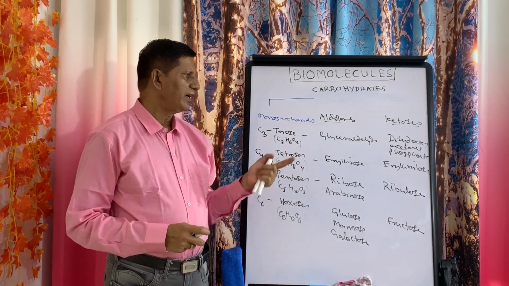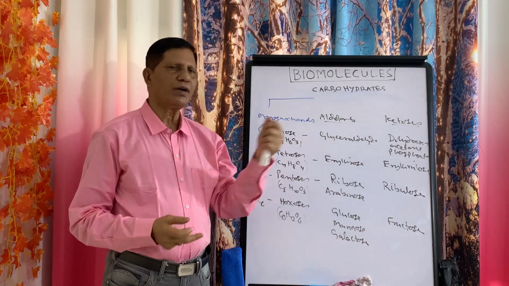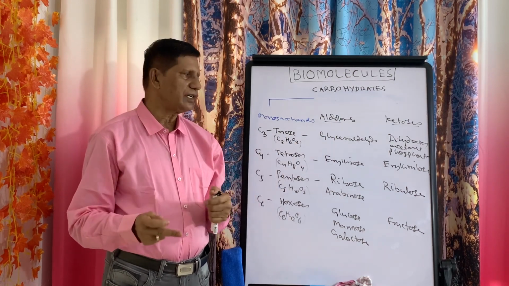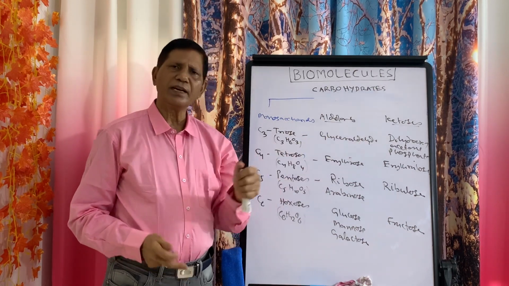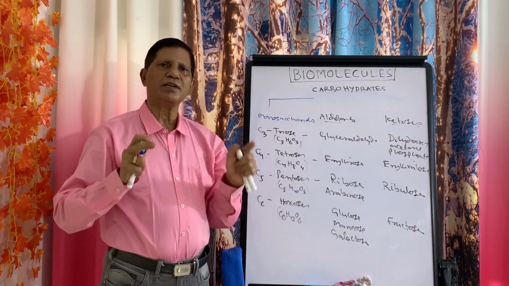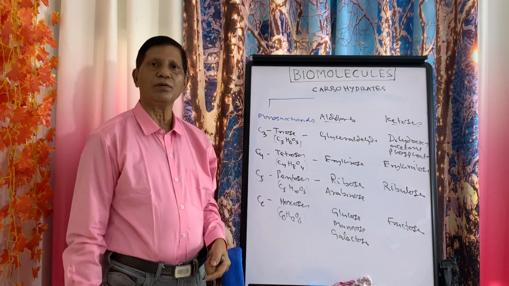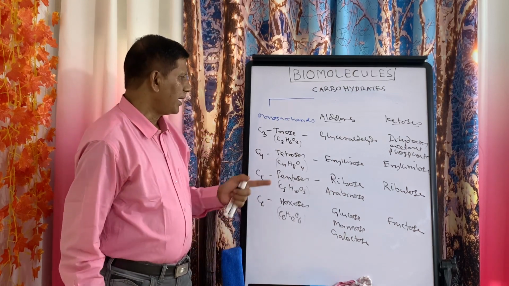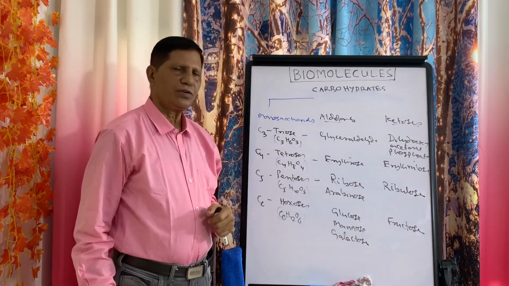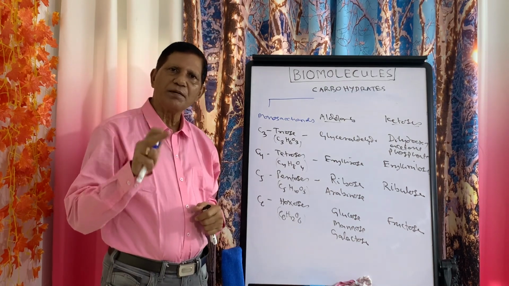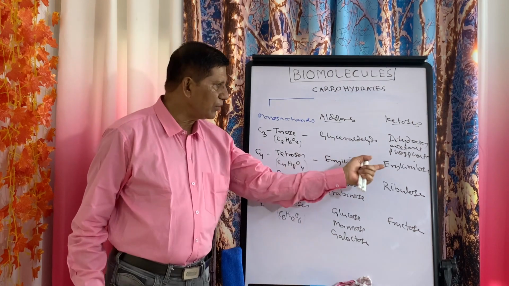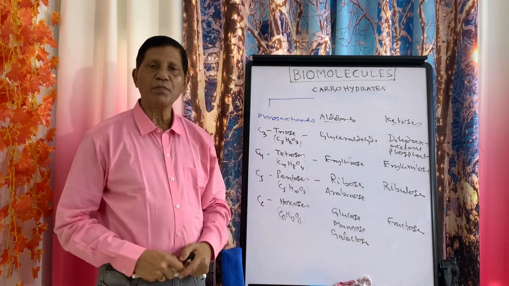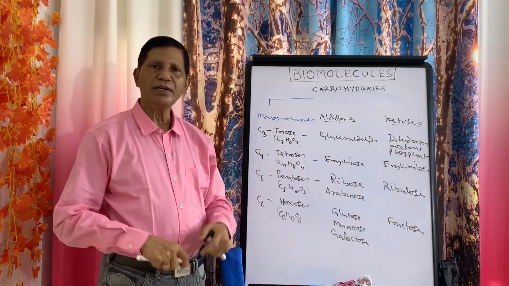You will find in respiration glycolysis these two are formed, and again in photosynthesis during the Melvin-Calvin cycle these are formed. They are important components of photosynthesis and respiration. That is, they play a major role. Now you come to this erythrose. The erythrose is also one of the major compounds in the Calvin cycle or C3 cycle. And erythrose gives rise to different compounds in the plant bodies.